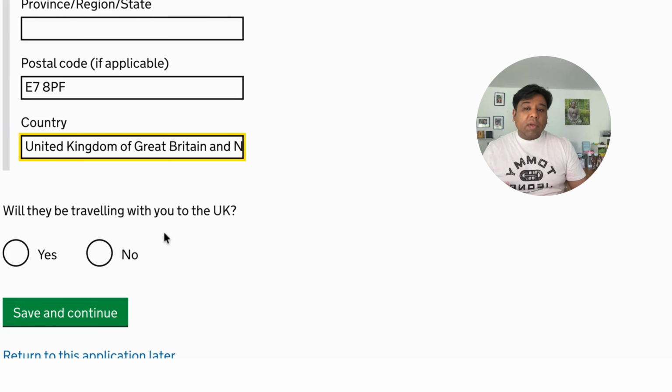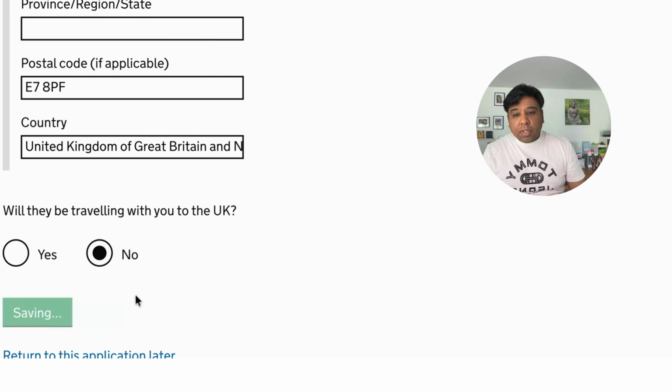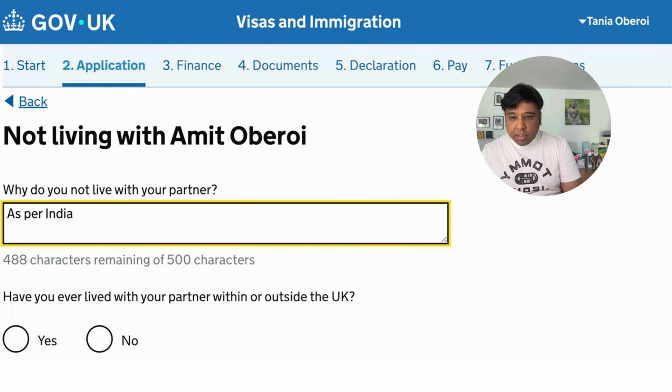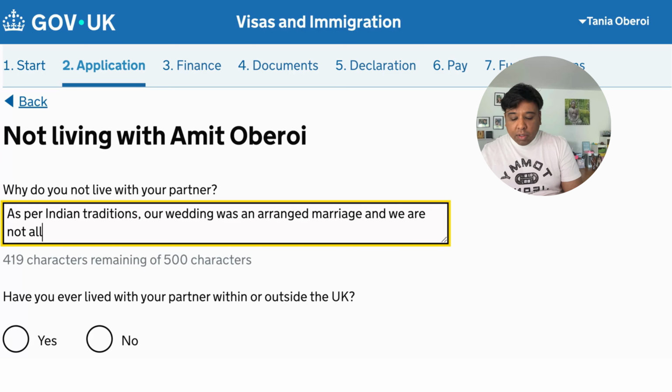Will they be traveling with you? If they're traveling with you, then say yes. If the answer is no, click no. Why don't you live together? You write as per Indian tradition: our wedding was an arranged marriage, and we are not allowed to live together before marriage.